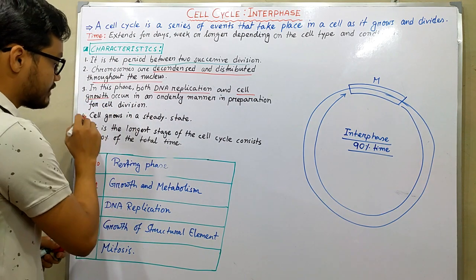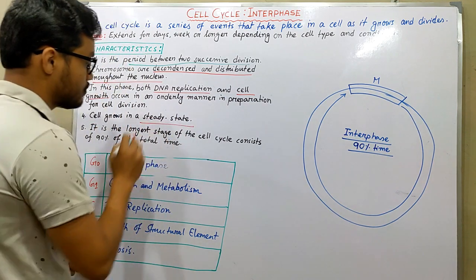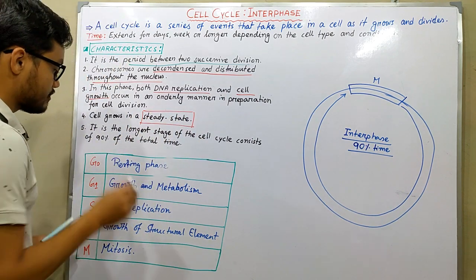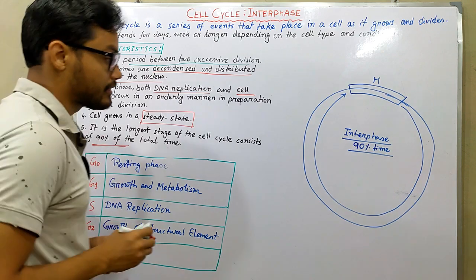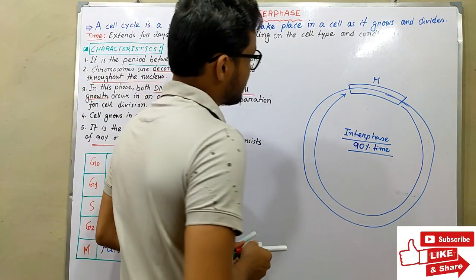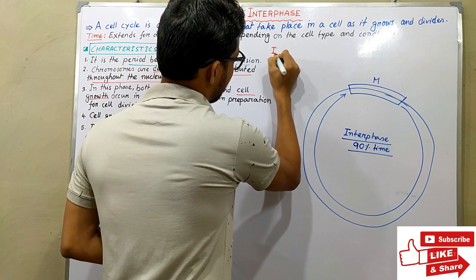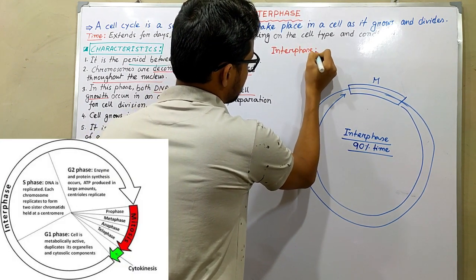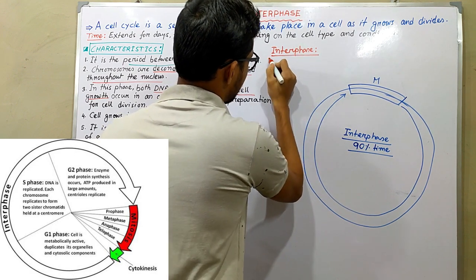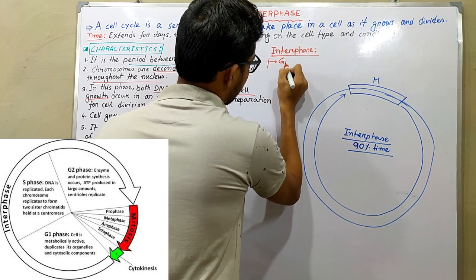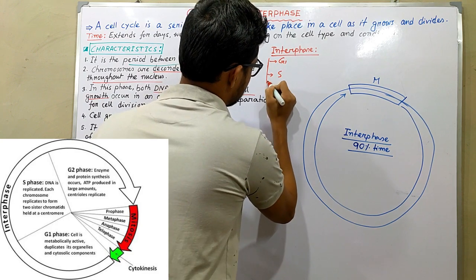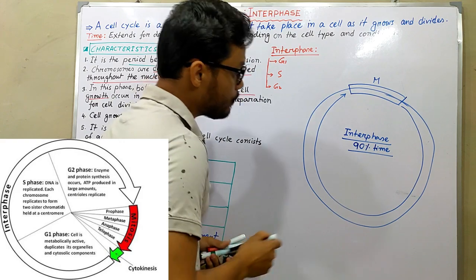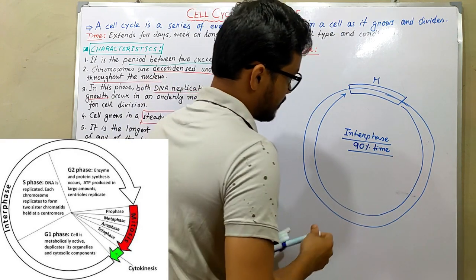Next, the cell grows in a steady state, and this also consists of 90% of the time of the cell. Interphase is subdivided into three subphases, that is G1, S and G2.